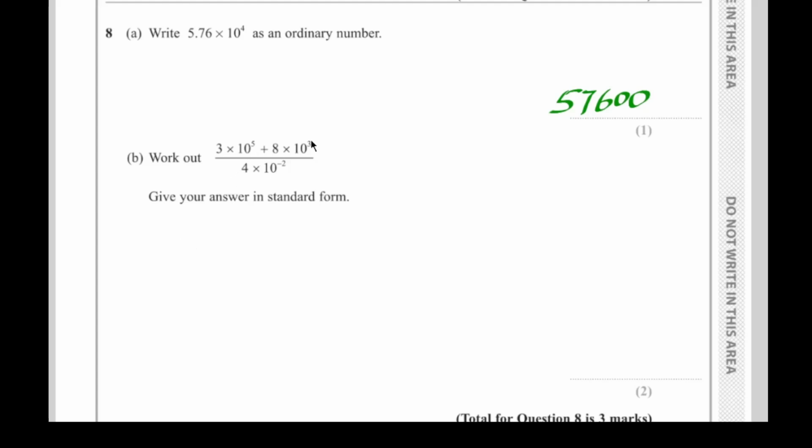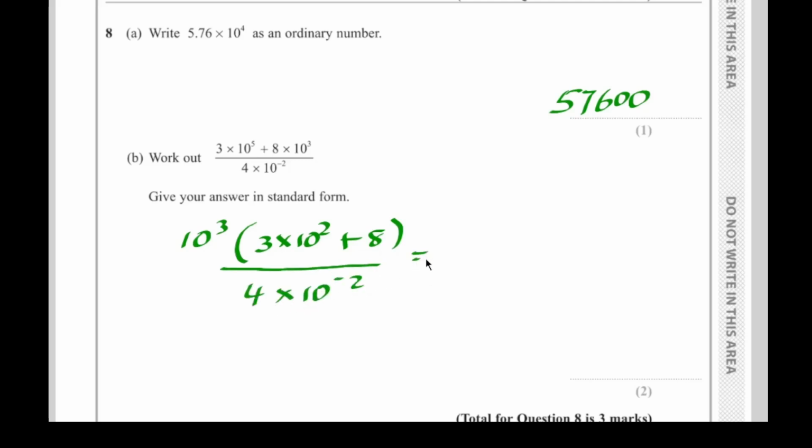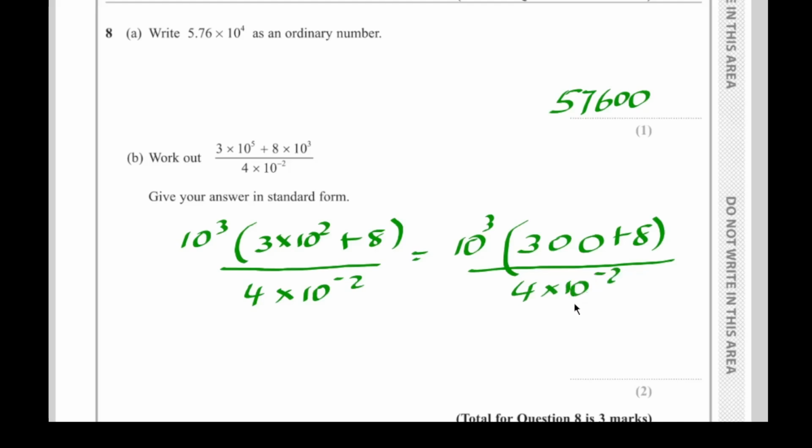So I know that 10 to the power of 3 is common for both the cases. I'm factorizing 10 to the power of 3, then 3 into 10 to the power of 2 plus 8 over 4 into 10 to the power of minus 2. So I can write 10 to the power of 3. This is 300 plus 8 over 4 into 10 to the power of 2. Right?